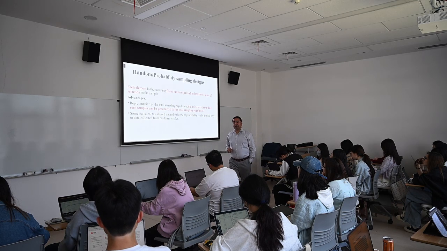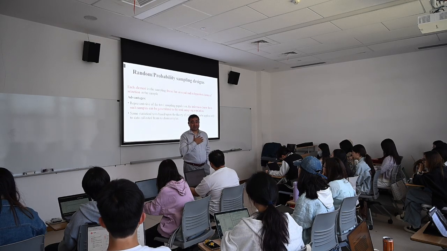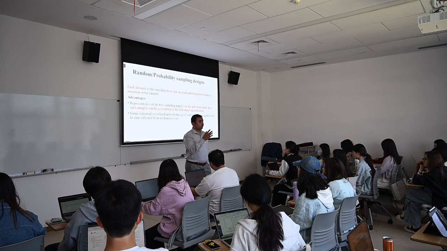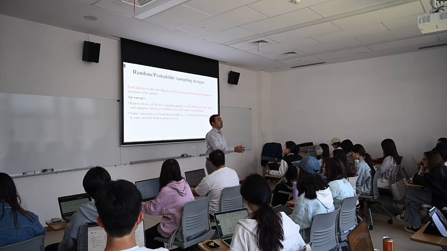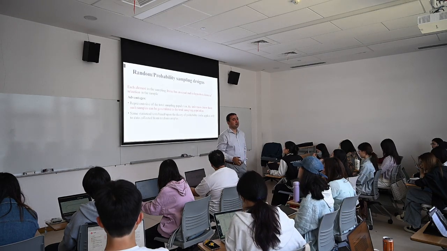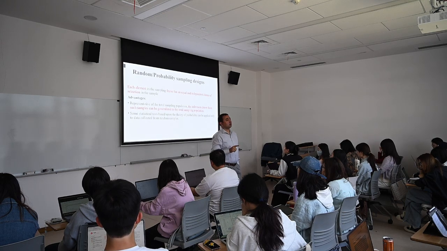So if each and every participant knows I have equal and independent chances of being selected, and you select your sample based on a non-random probability sampling design, they are truly representative of the overall study population.